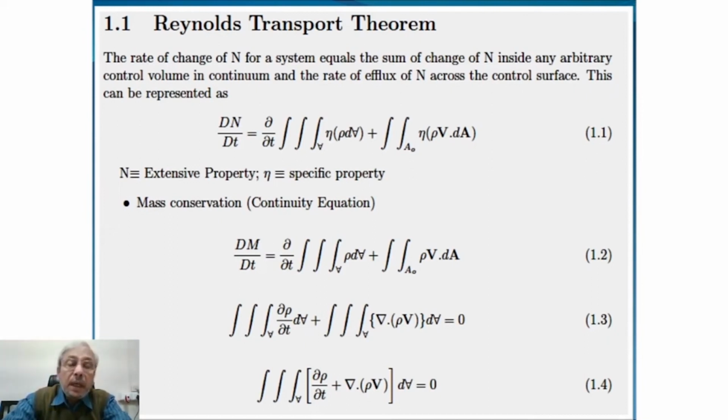We'll again repeat Reynolds transport theorem. The rate of change of N for a system equals the sum of change of N inside any arbitrary control volume in continuum and the rate of flux of N across the control surface.